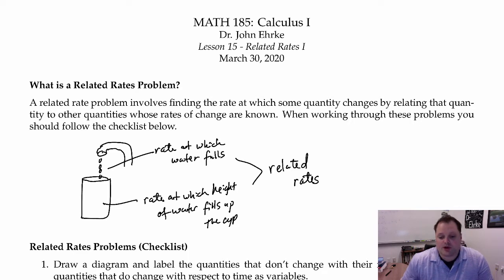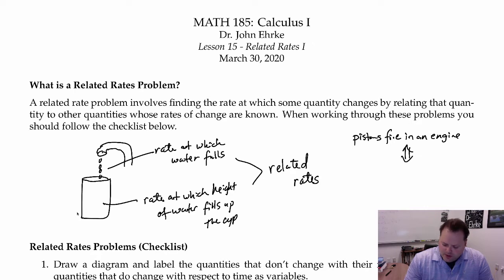In this unit, we're going to be dealing with problems similar to this, where we know the rate at which one object is changing and it has an effect on another object. There are many different examples of this in the real world. You can think of the rate at which the pistons fire in an engine as being related to the rate at which the wheels turn on a car.